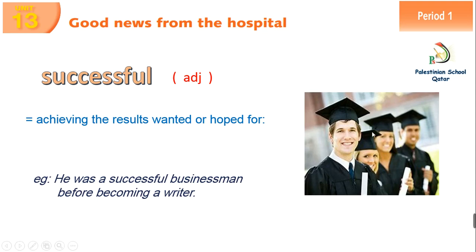And look at this picture, everyone. You can see that when you achieve your goals, when you finish school successfully, you are successful, achieving the results wanted or hoped for. For example, he was a successful businessman before becoming a writer.